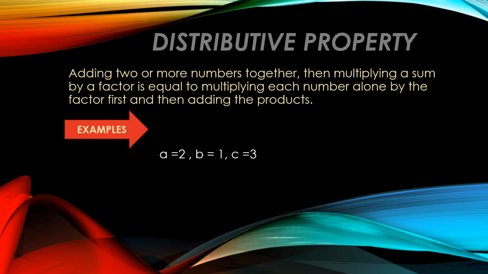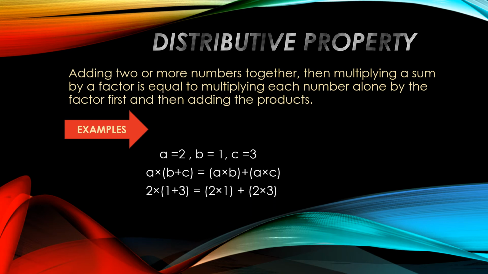A equal to 2, b equal to 1 and c equal to 3. In this what I have done, a into b plus c. Means first I have taken a into b plus c equal to a into b plus a into c. A I have taken 2, b I have taken 1 and c I have taken 3.